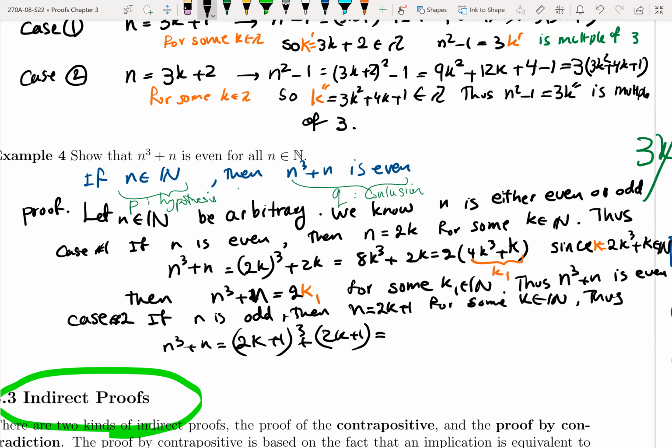Cubing gives 8k cubed plus 12k squared plus 6k plus 1, plus 2k plus 1. After simplification, obviously I can factor a 2 out: 4k cubed, 6k squared, you have 6k and 2k, so 8k, factoring 2 leaves 4k. You have a 1 and 1, which is 2, so 1 left.